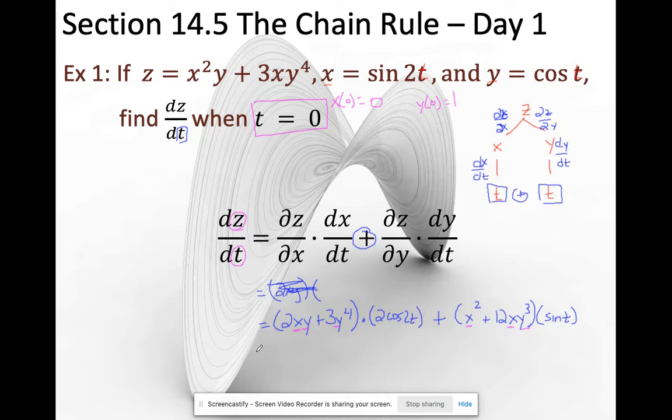And now I can go down here and replace. 2 times 0, right, that term's going to go away. So I'm going to have 3 times cosine of 0, which is 1, times 2, right? Plus 0, sine of 0, so the answer is 6.